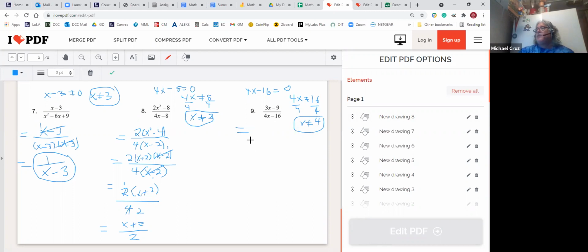So anyway, let's simplify this. GCF. And I don't think anything's going to change here. It's just x. There's nothing that can be simplified on this one. Double check that for me, make sure.